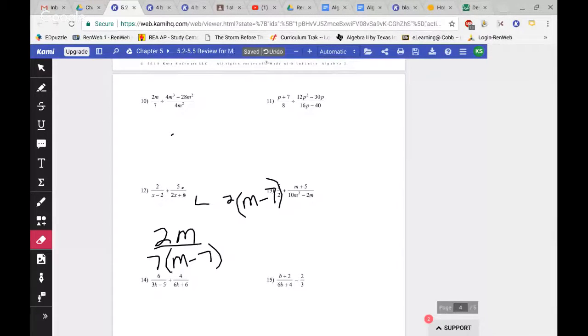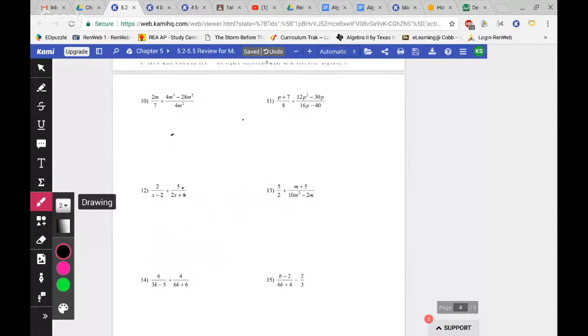So we'll keep that first fraction, and there's nothing to be factored on it. And then the second one, 16p minus 40, and then 12p squared minus 30p.